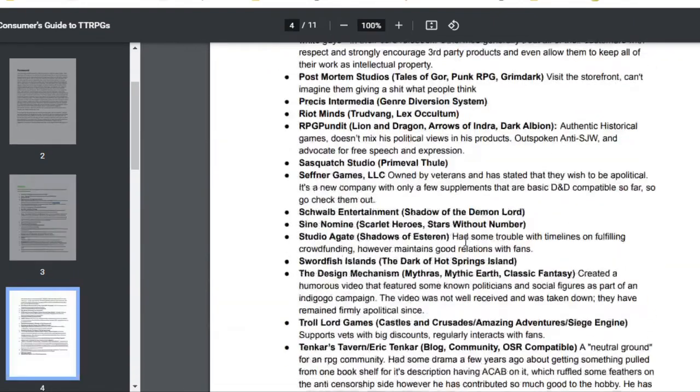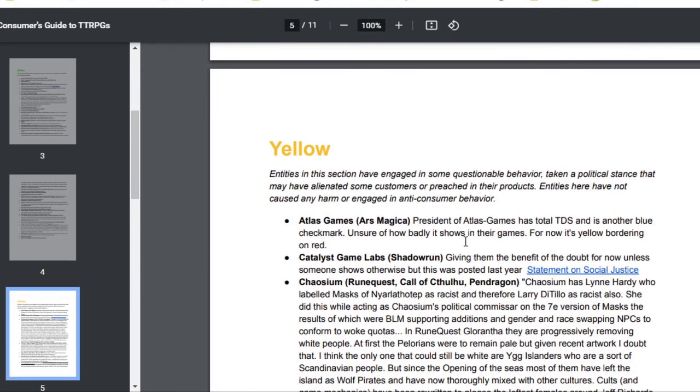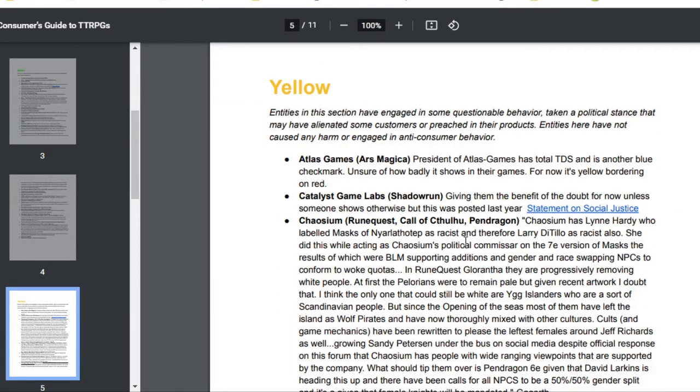You have yellow, which is maybe they've engaged in some questionable practices, or maybe they've made some questionable statements, but they haven't made a habit out of it. Or maybe when they did do it, it was unintentional, or it was well-intentioned, but they sort of sent the wrong message.